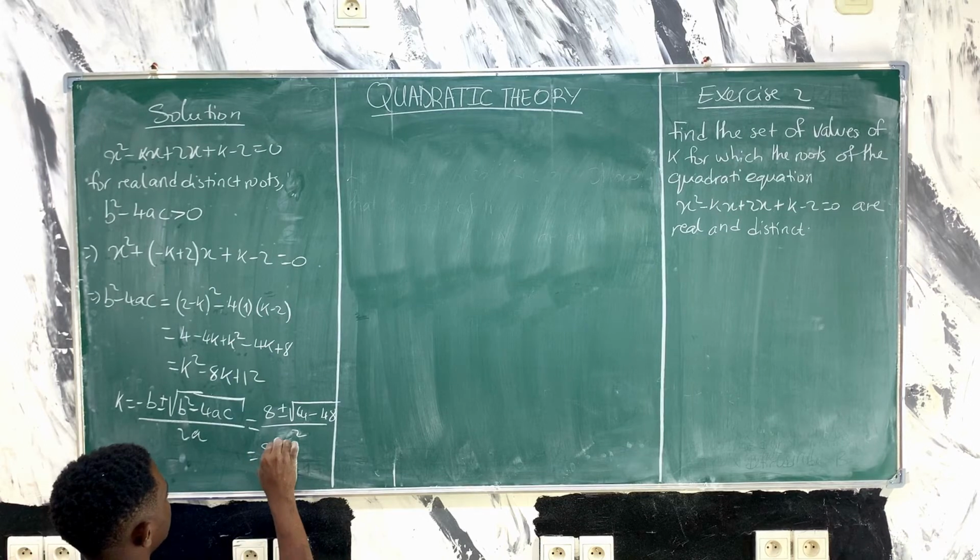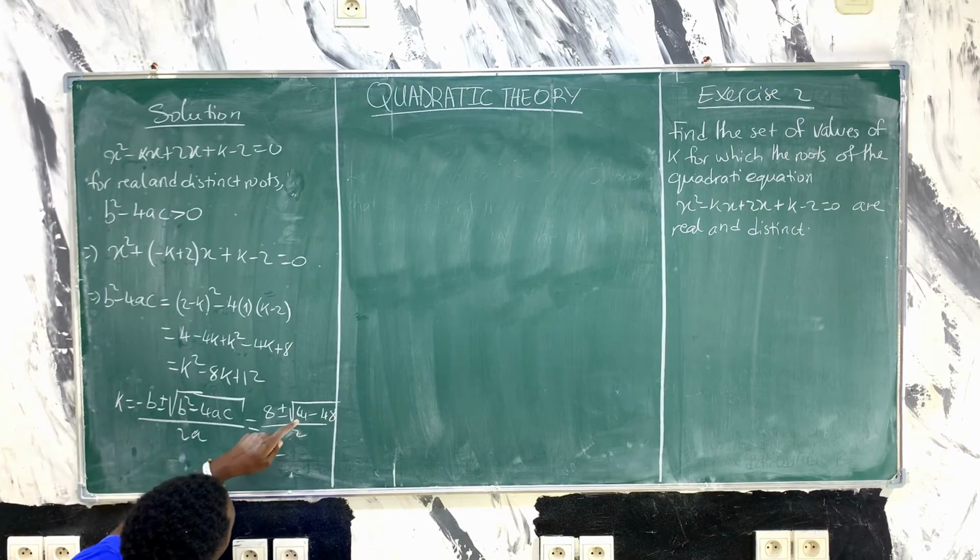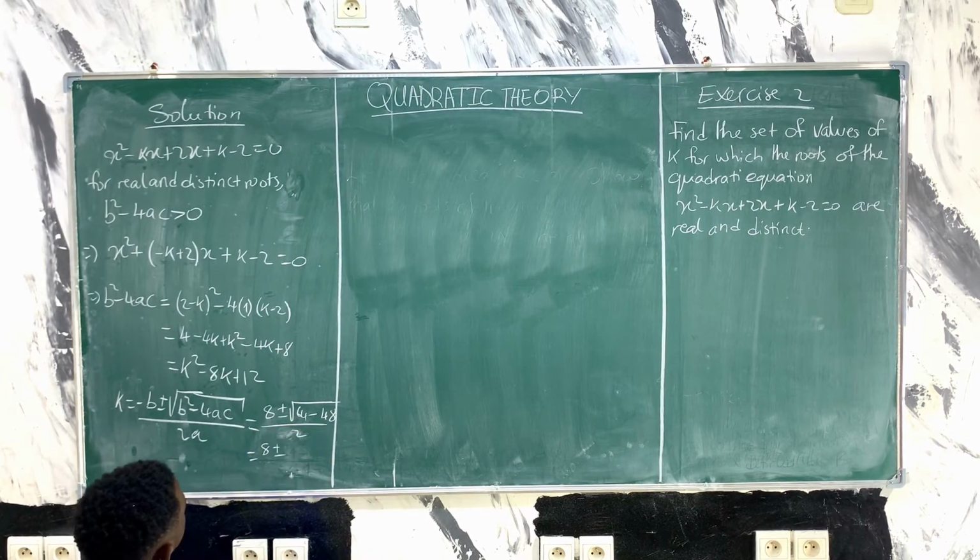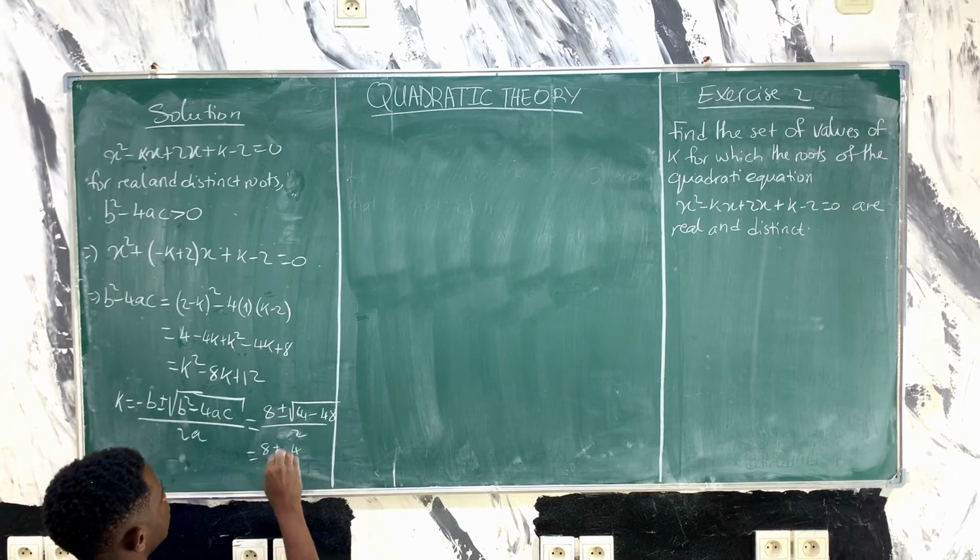That will be equal to 8 plus or minus the square root of 64 minus 48, which is 16. So the square root of 16 is 4, on 2.